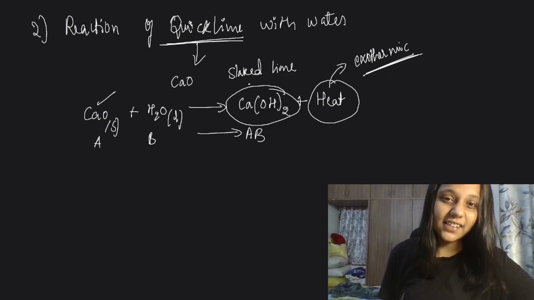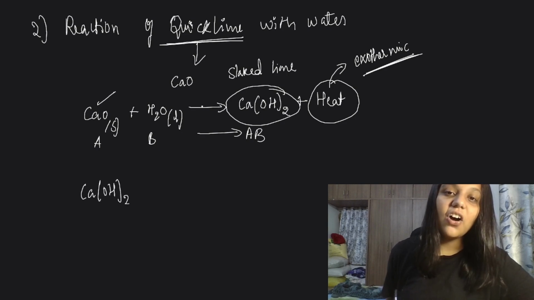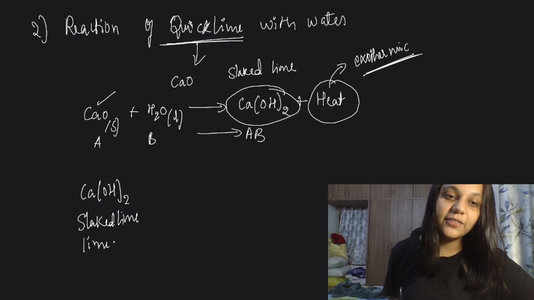What does it happen? Shining? Calcium hydroxide, which is also called slaked lime, and slaked lime can also be called lime water.